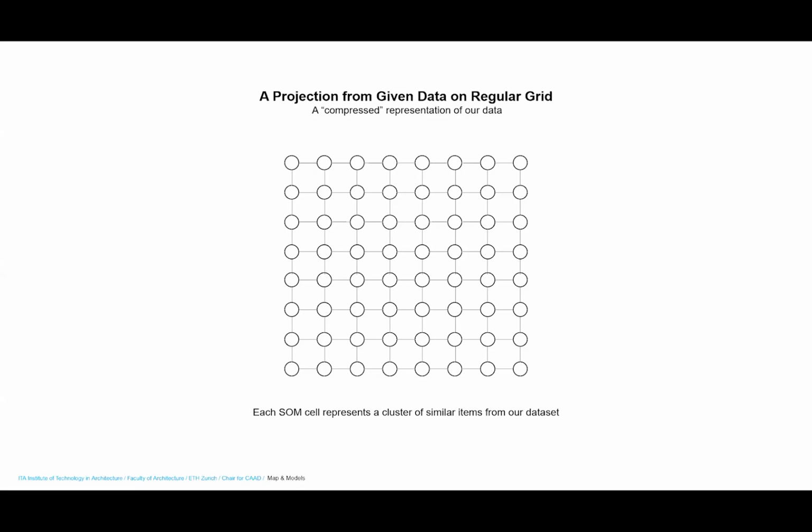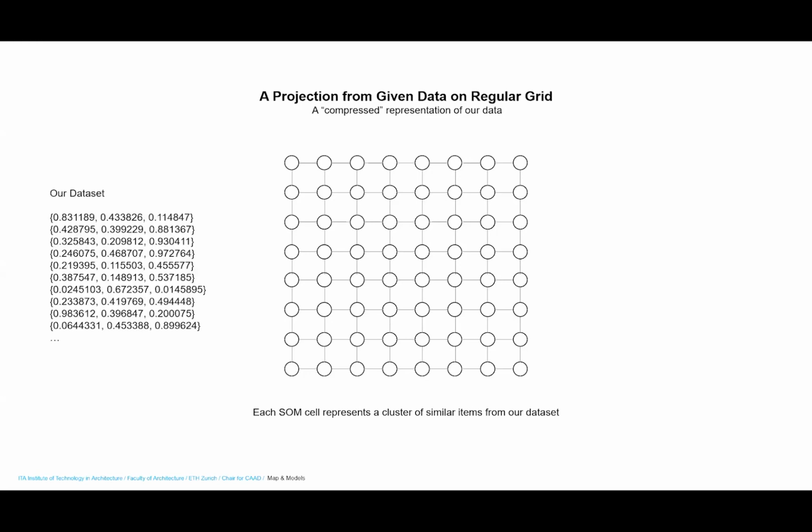For us, SOM can be understood as a projection from our data to a regular grid, or we can say that it's a kind of compressed representation of our data. What does this mean? Imagine that we have our data set, for example, in this case a list of 3-dimensional feature vectors.